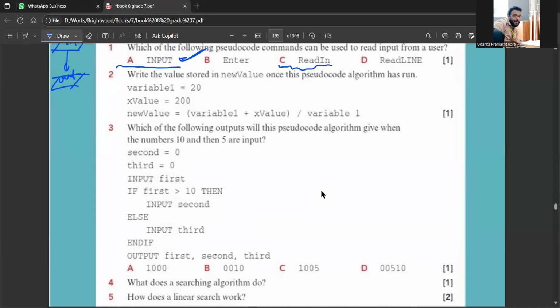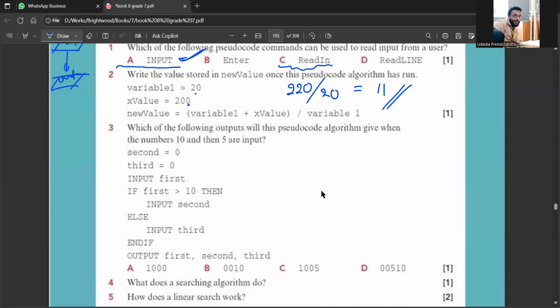Second one: write the value stored in new value once this pseudocode algorithm has run. What's the algorithm? They have a variable taken as 20 and x value taken as 200. So variable plus x value, 20 plus 200, divided by variable 1, which is 20. 20 plus 200 is 220. Then 220 divided by 20, the answer should be 11.